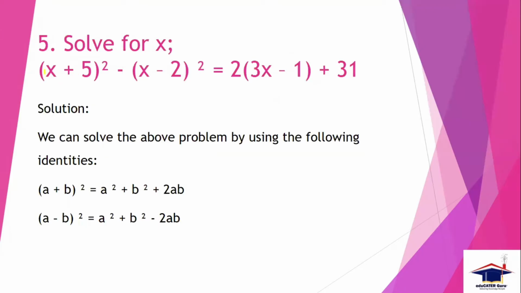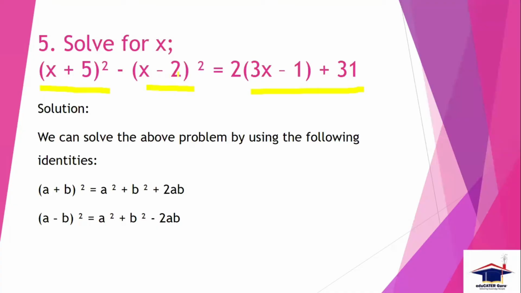Next, x plus 5 whole square minus x minus 2 whole square is equal to 2 into 3x minus 1 plus 31. This is the equation given. For this, we have to find out the value of x by solving the equation. So, here x plus 5 whole square looks like the formula a plus b whole square equals a square plus b square plus 2ab.